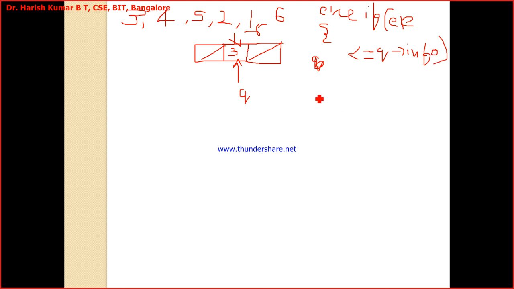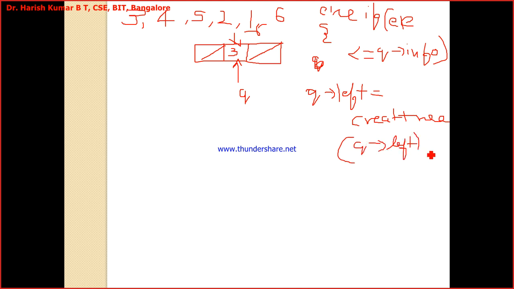Now what we do, q arrow left is equal to create tree, and to this we pass q arrow left, comma element to insert.